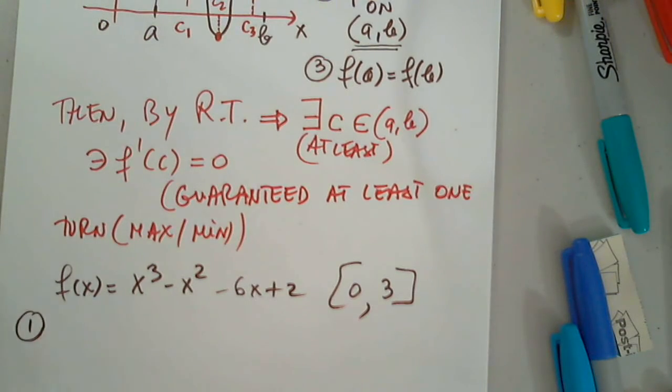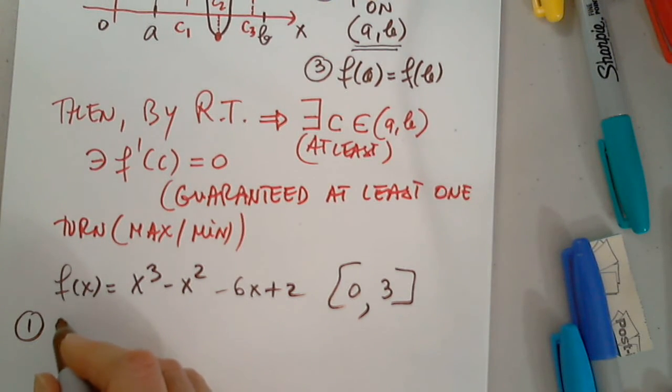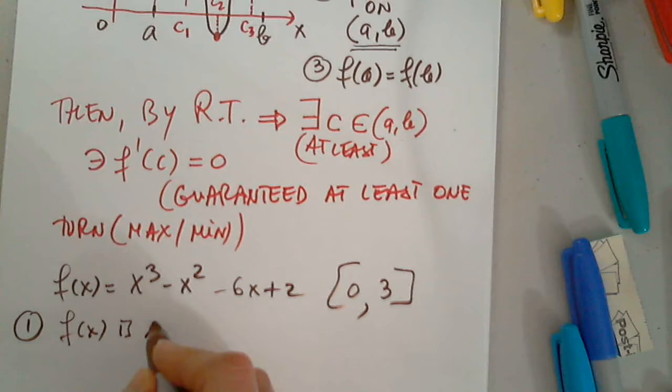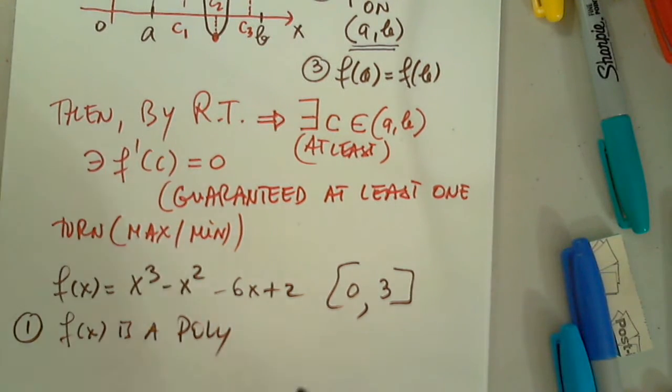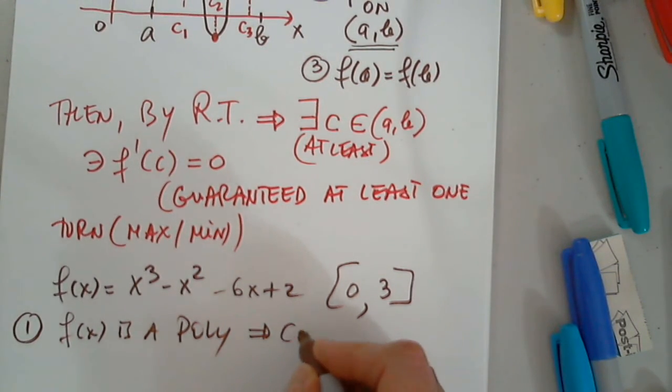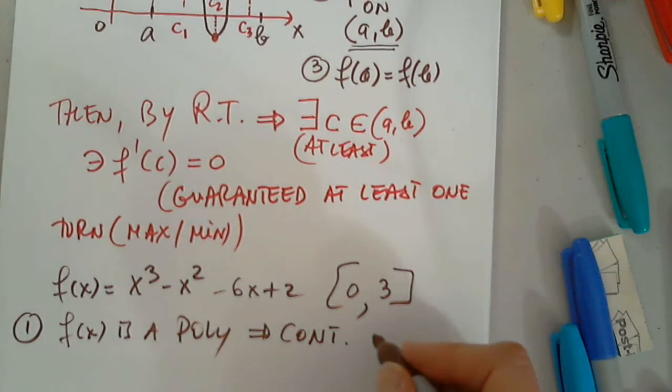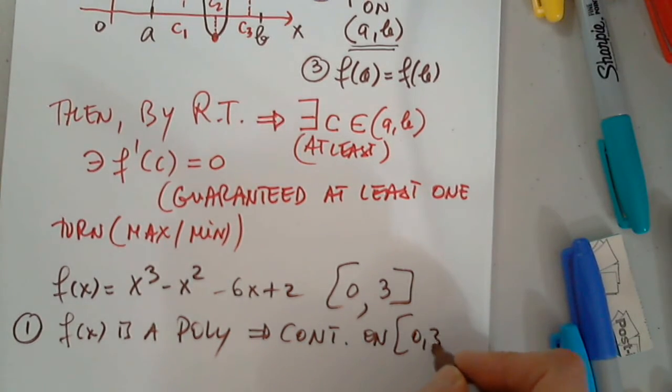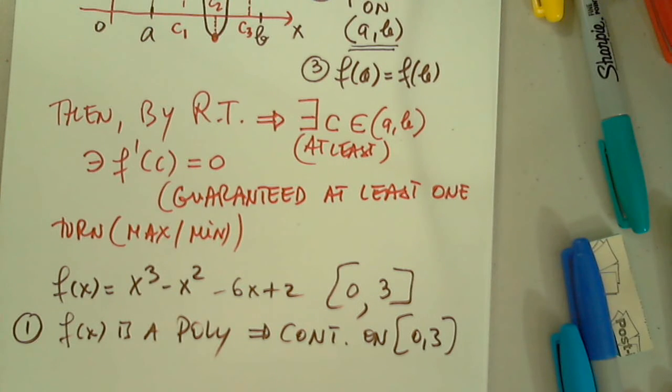First, we have to state that f of x is a polynomial, therefore continuous on [0, 3]. Would you accept this first statement? Yes.